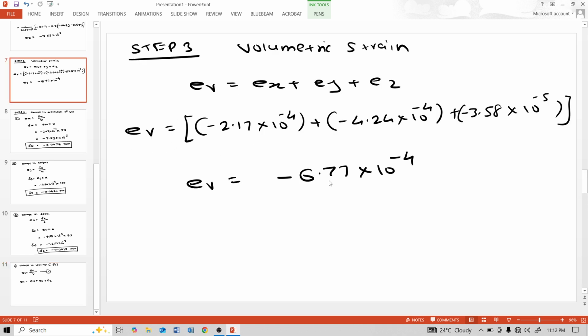This Ev is minus 6.77 into 10 raised to minus 4.